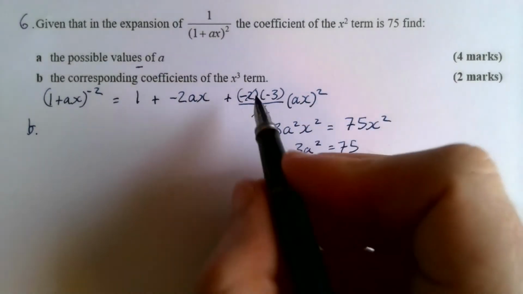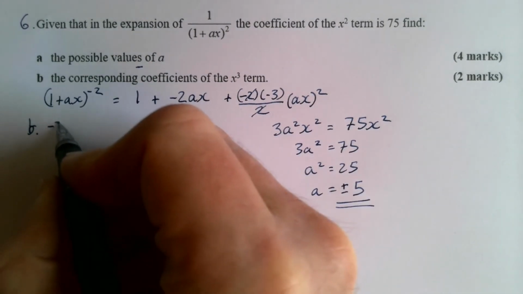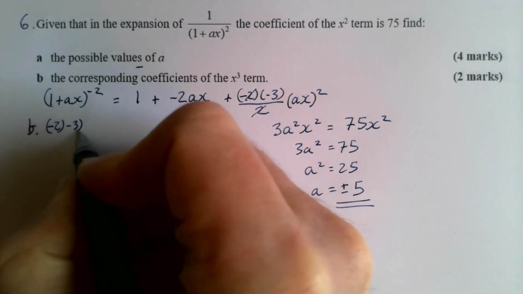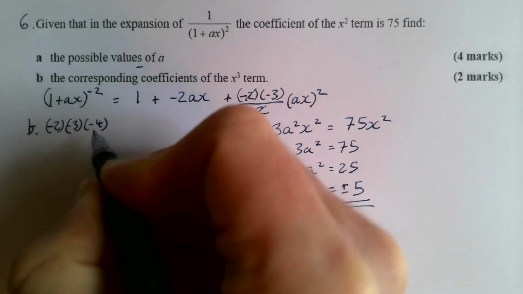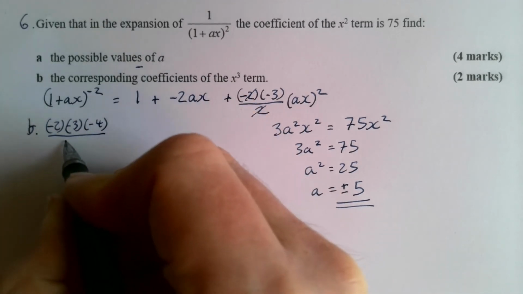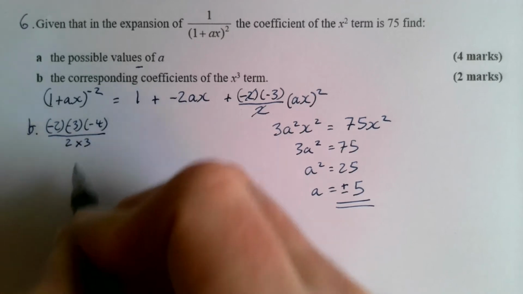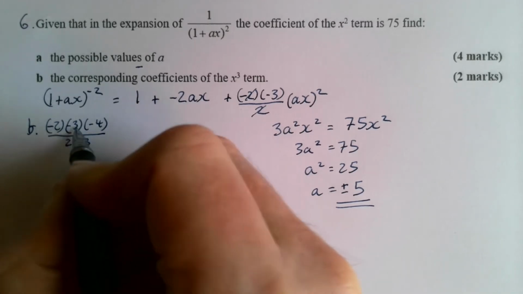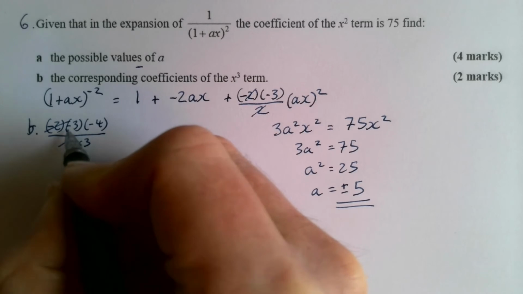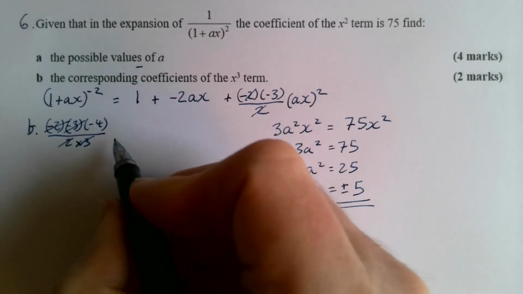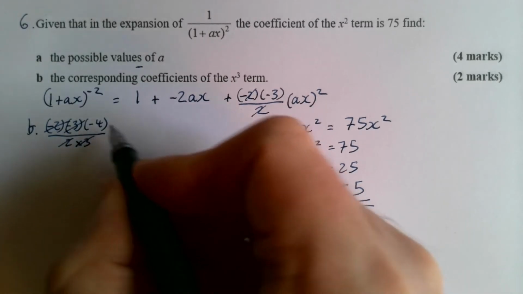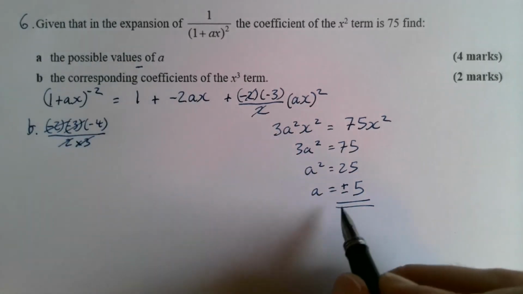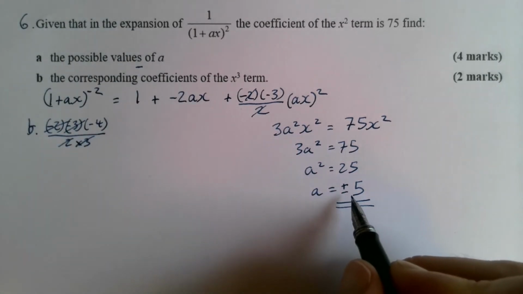So for the next bit, for x cubed, we would have -2 times -3 times -4 all over 2 times 3, which negative times a negative is positive, so we can just cancel all of those out, and that's going to be multiplied by x squared, or ax squared in this case.